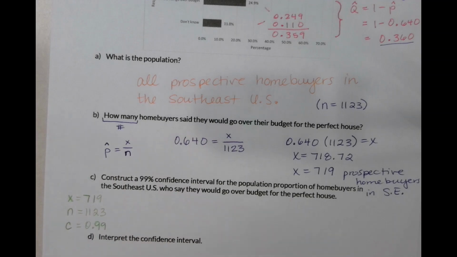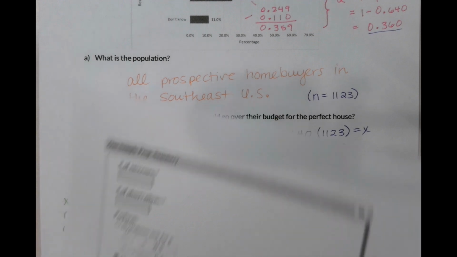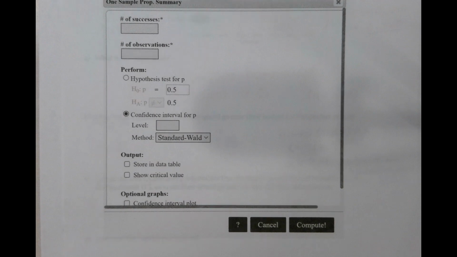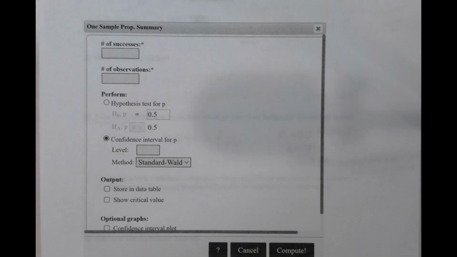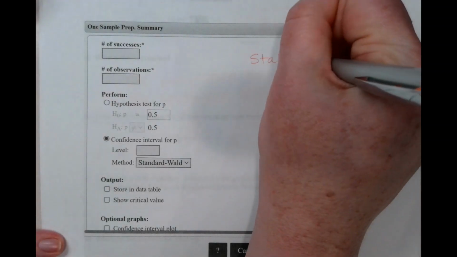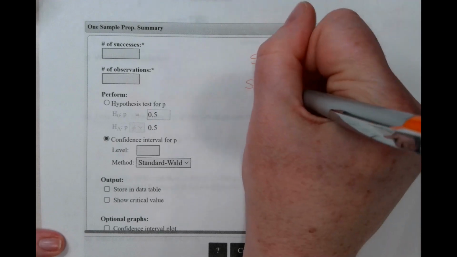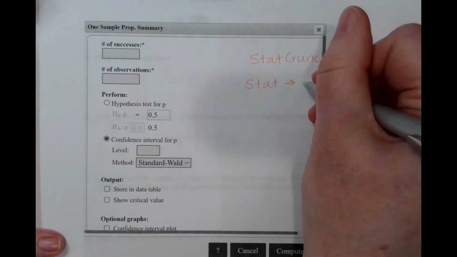All right, so unfortunately, with this document camera, I can't show you my screen and my paper at the same time. But I've printed off this handy blank screen of what it would look like if we went into StatCrunch. So of course, in StatCrunch, to get to this window, you're going to go to Stat, and then remember, we are using proportion stats.